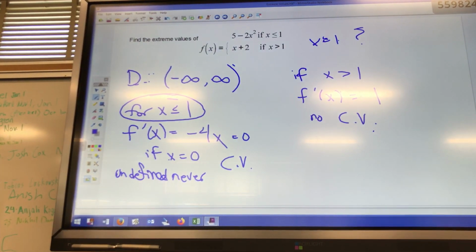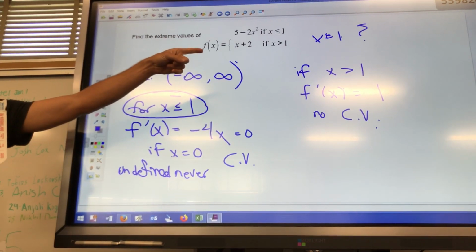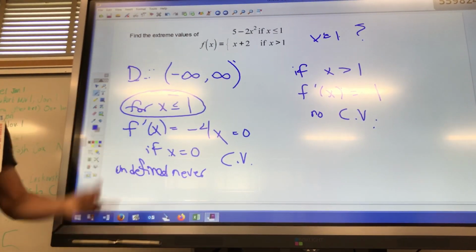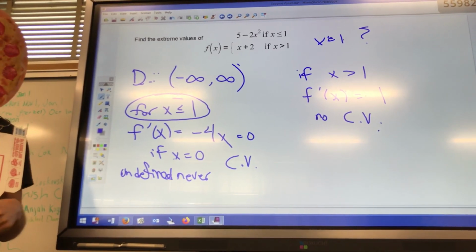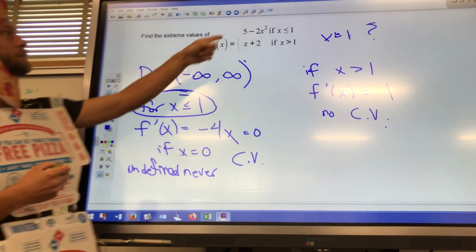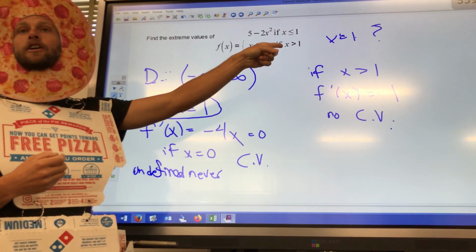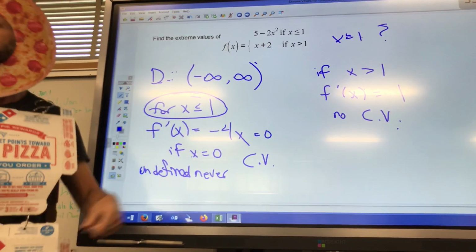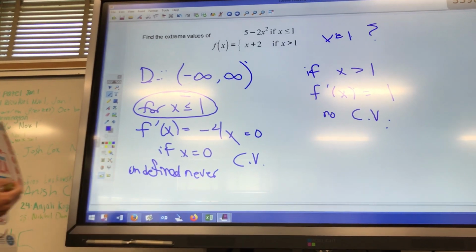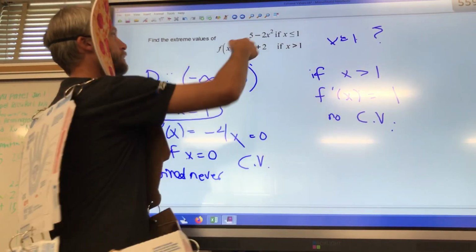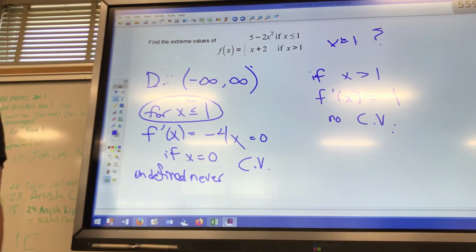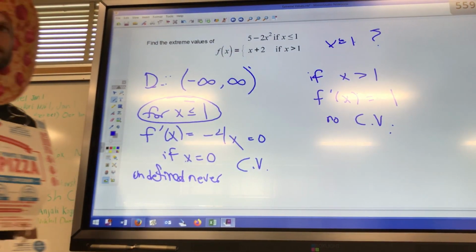Now, we also have something weird happening at x equals 1, right? We could have a discontinuity there, and we may have a place where the derivative is undefined at x equals 1. Because if the derivative from the left and the derivative from the right are not equivalent at x equals 1, then the derivative is undefined at x equals 1. So, first of all, let's see if the function is continuous. How do we determine if the function is continuous at 1? Limits.